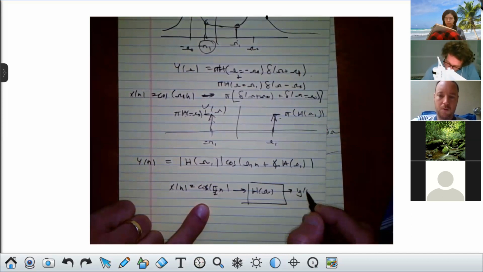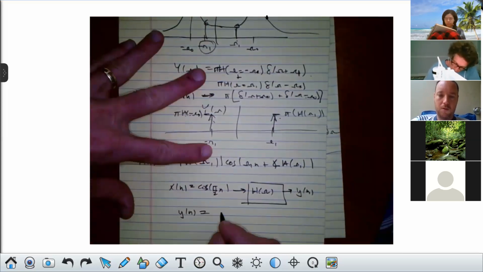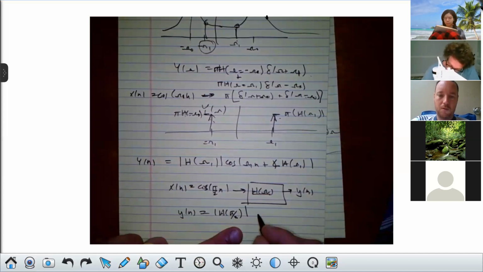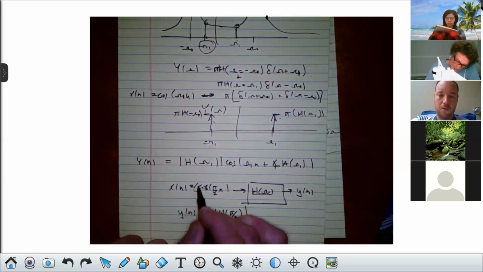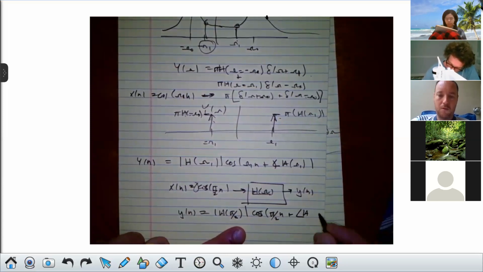My output y of n will be simply equal to the magnitude of H evaluated at pi over 2, because that's where we have to do it. Then it's times the multiplier in front of the cosine, which is 1, so the cosine retains itself. Then you would have the cosine of pi over 2 n, but then there would be a possible phase of H of pi over 2.